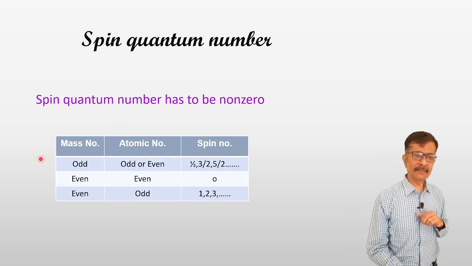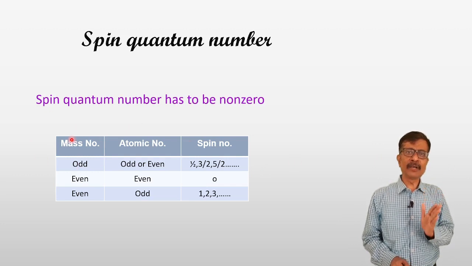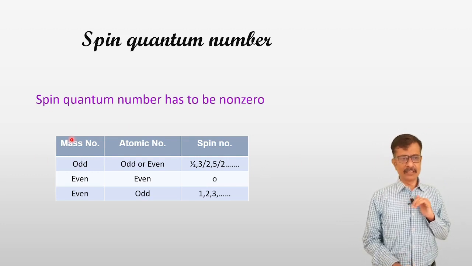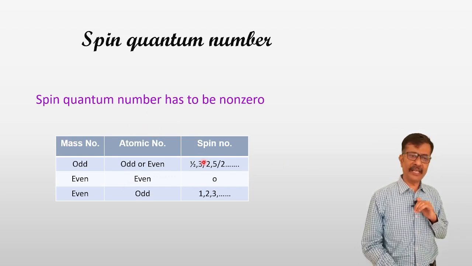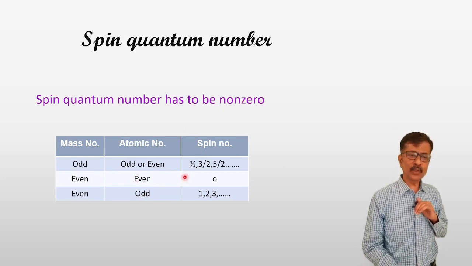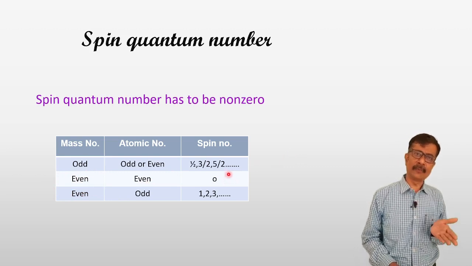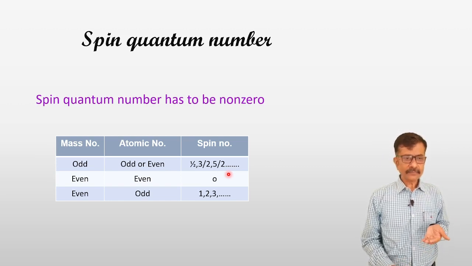And mass number is the number of protons as well as the number of neutrons, because both have one mass unit. If the atomic number and mass number are both even in an atom, such an atom has spin quantum number 0, and such atoms are NMR inactive.